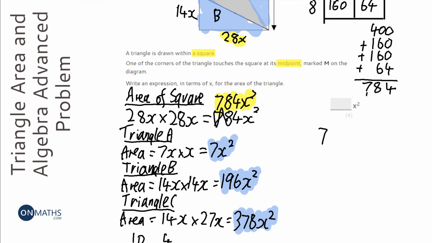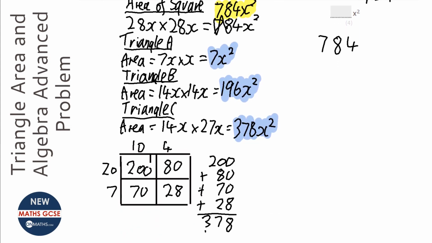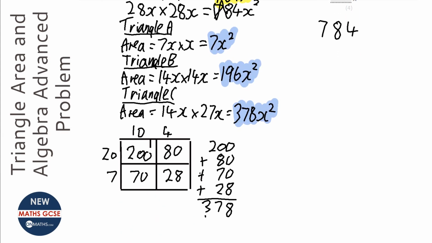So we're doing 784, and we're going to take away all the others added together. So let's add those together first. Might be a sensible thing to do. So 378, I'm going to ignore the x's, 196, okay, and we're going to add these together.